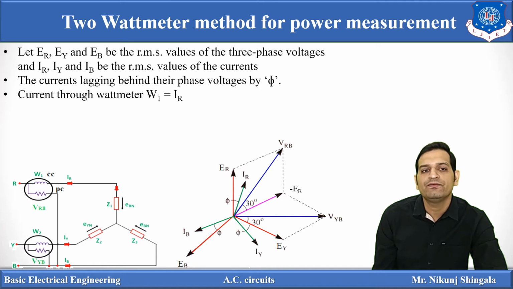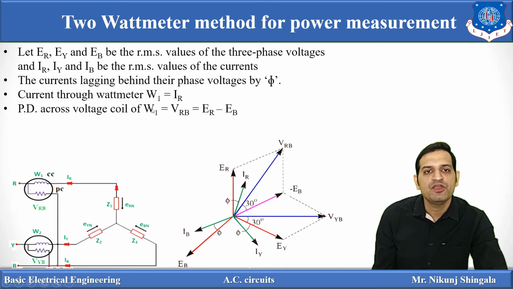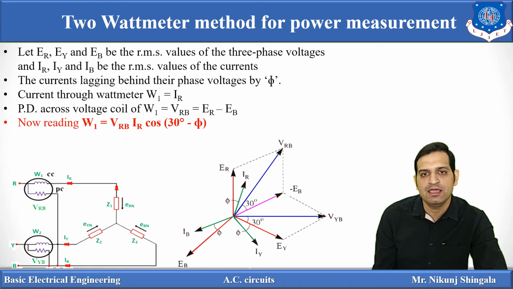Now what is the reading of W1? The current for W1 will be IR, as discussed, and the potential difference across the voltage coil of W1 will be VRB, that is ER minus EB. Now as this load is inductive, the angle between IR and VRB will not be 0, it will be between 0 and 90 degrees, some angle. So the reading of W1 will be VRB into IR into cosine of the angle between VRB and IR.